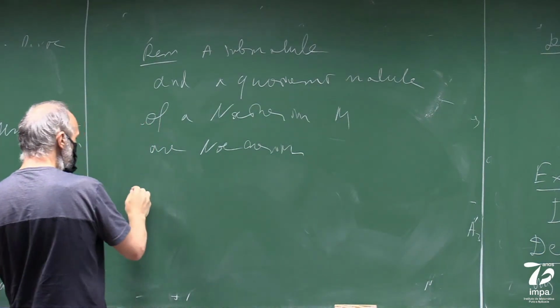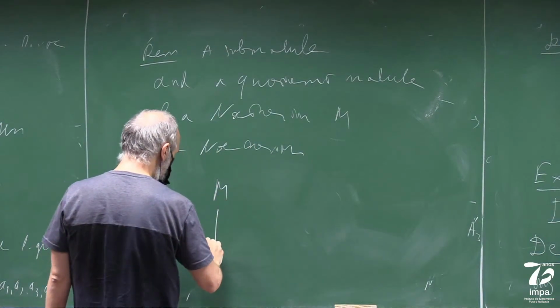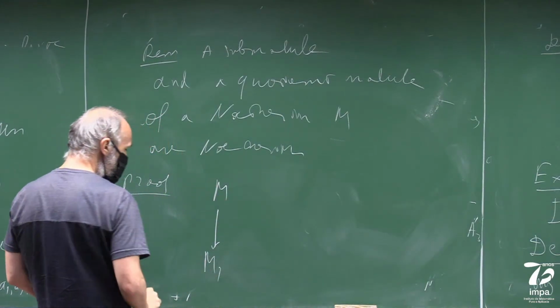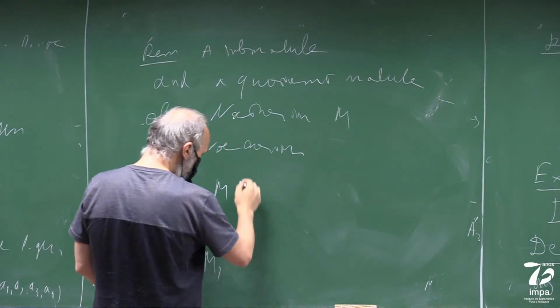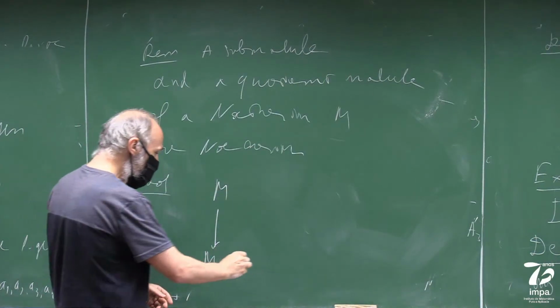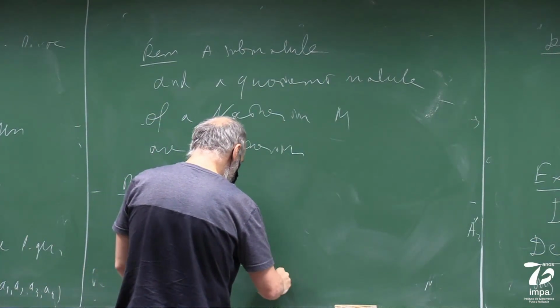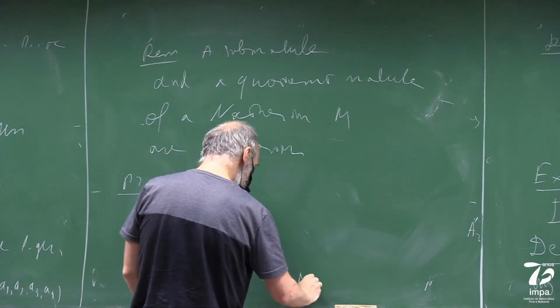Well, so proof. If you have M goes to M1, for instance, surjectively, and you have a chain of submodules here, you can just take a pre-image of this chain of submodules. So it will be M1, inside M2, inside and so on.